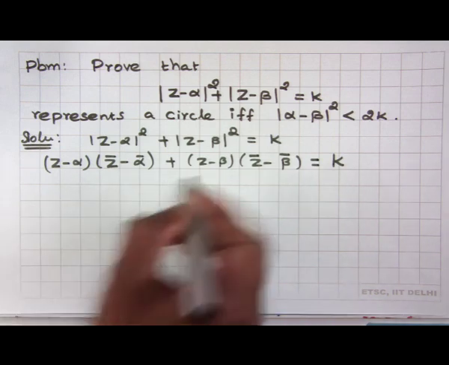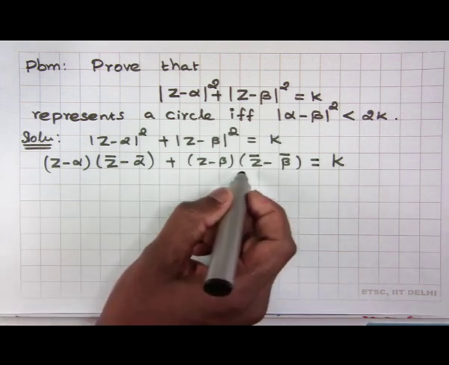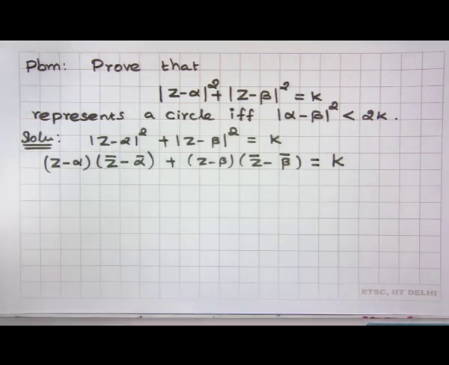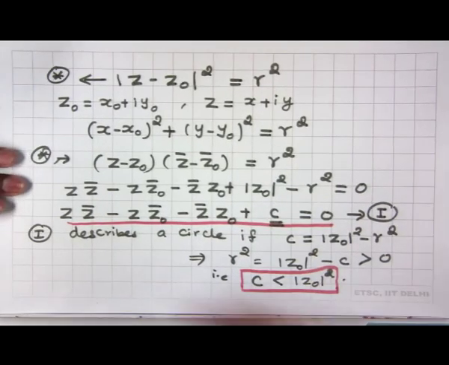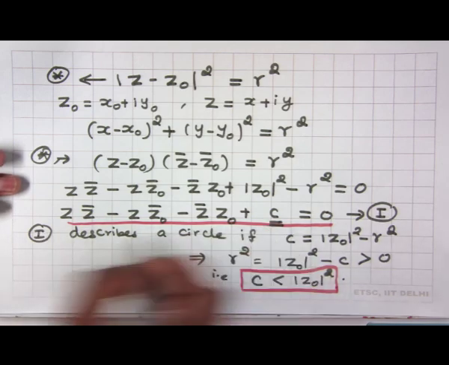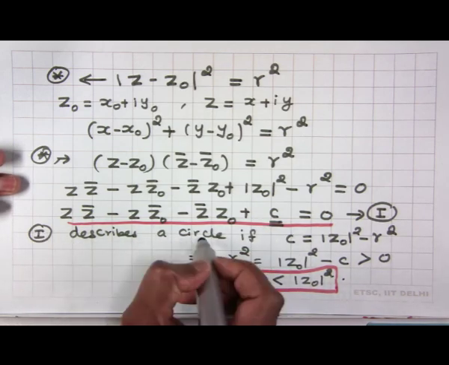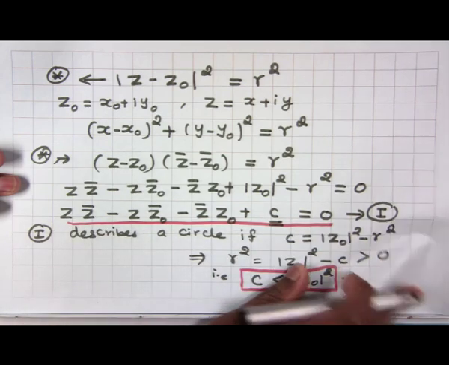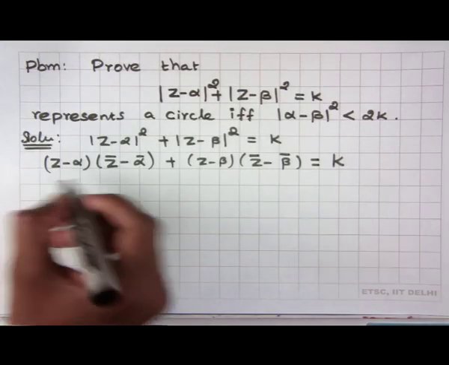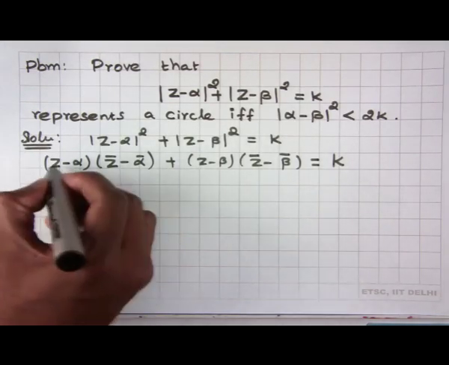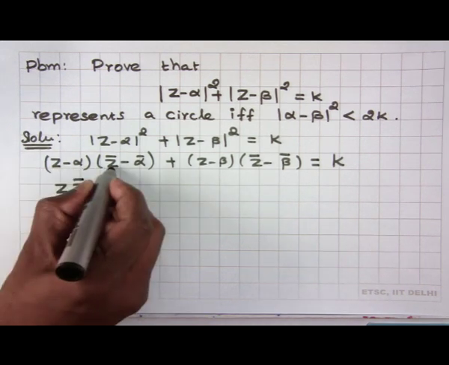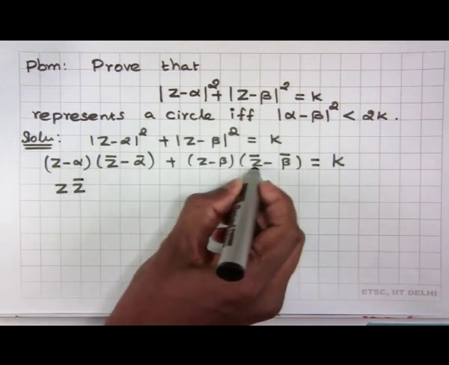Now, recall the previous result. To represent a circle, we need to get it in this particular form. So, let us try to simplify it into this form. We have z z̄ from one factor, and another factor from the other expression.